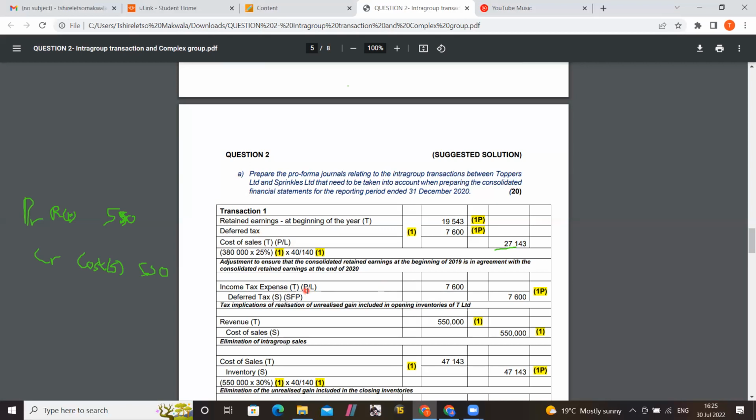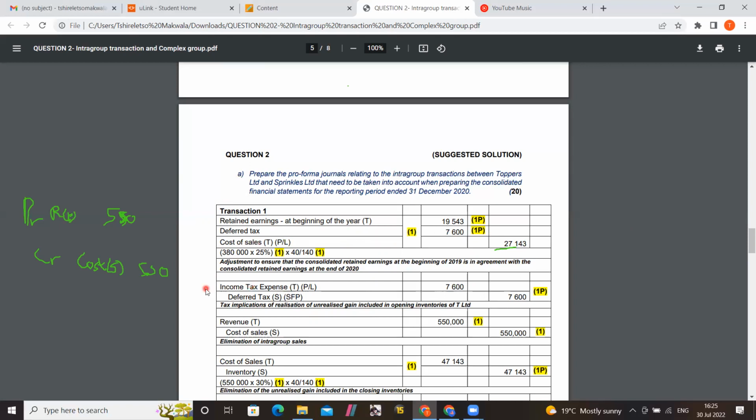And then you get this deferred tax, and this deferred tax relates to this. As you can see here, we're going to have two deferred tax amounts: one relating to this retained earnings amount, and one relating to the cost of sales amount.